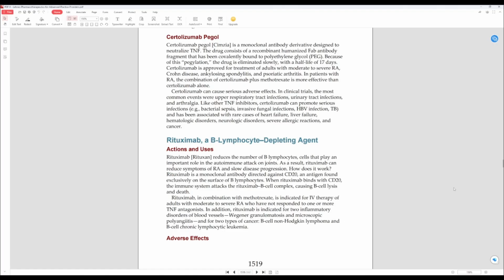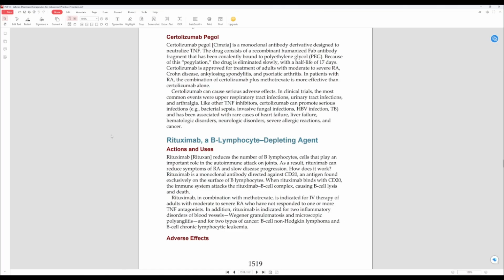Because of this pegylation, the drug is eliminated slowly, with a half-life of 17 days. Cimzia is approved for treatment of adults with moderate to severe RA, Crohn's disease, ankylosing spondylitis, and psoriatic arthritis. In patients with RA, the combination of certolizumab plus methotrexate was more effective than certolizumab alone.